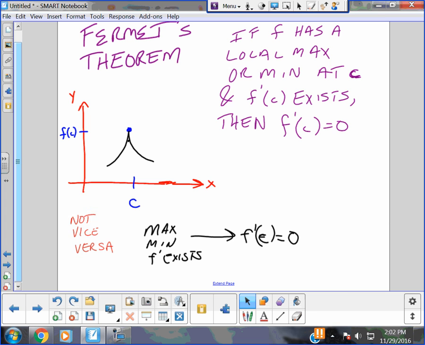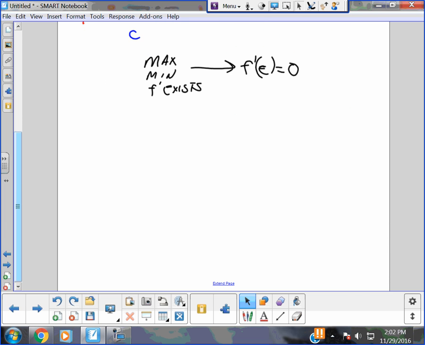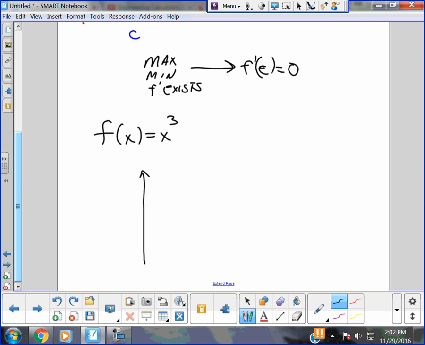To show you that, can we picture in our heads one of our great parent functions, x cubed? What's the derivative of x cubed? 3x squared. The power comes down, you reduce it by 1. Guys, where is f prime of c equals 0?